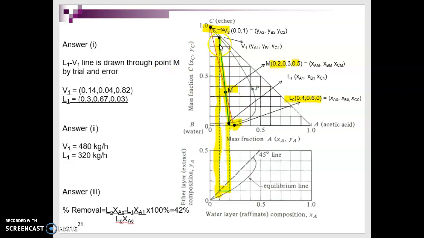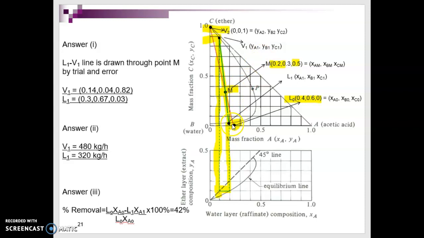So after you have this perfect line, you can then read the coordinate of your C and your A. So you can get your B by 1 minus A and C. So the same goes for your L1.